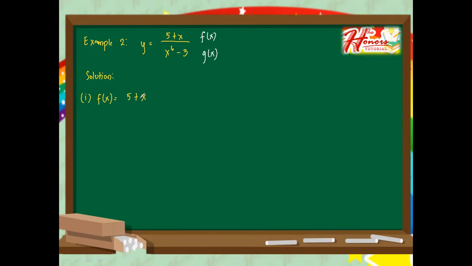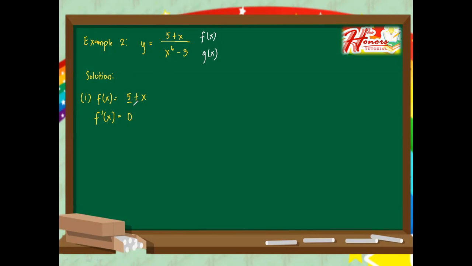And then after that, we have to get the derivative of f, and that is f prime of x. So 5 is a constant, so automatically it will become 0, since based on our rules, the constant rule, any constant should be equal to 0.